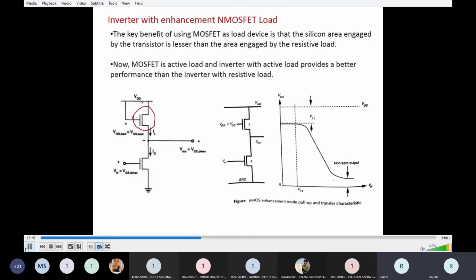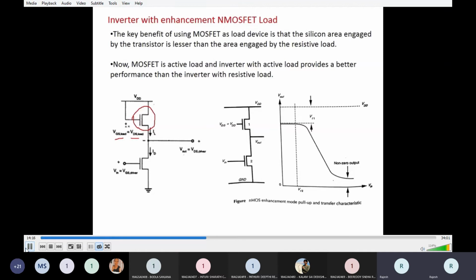If we connect like this, the NMOS transistor becomes always on. In depletion mode MOSFET, if you connect the gate and source, the transistor becomes always on. In enhancement mode, if the gate is connected to VDD, then this transistor is always in the on state. So VGS is equal to VDG, or it is VGG.